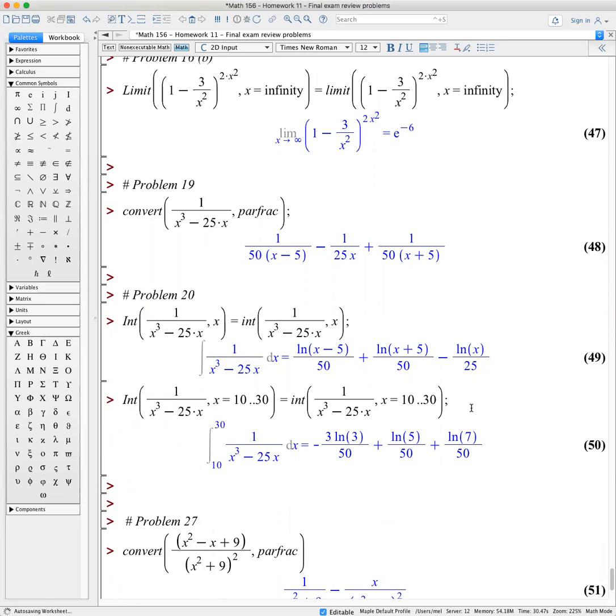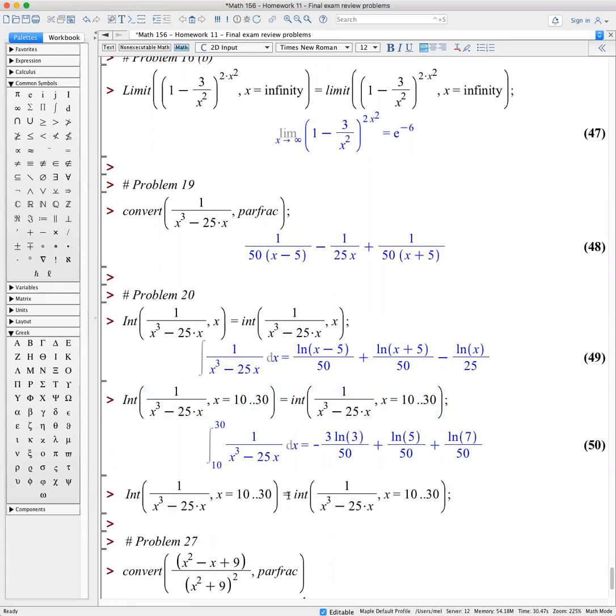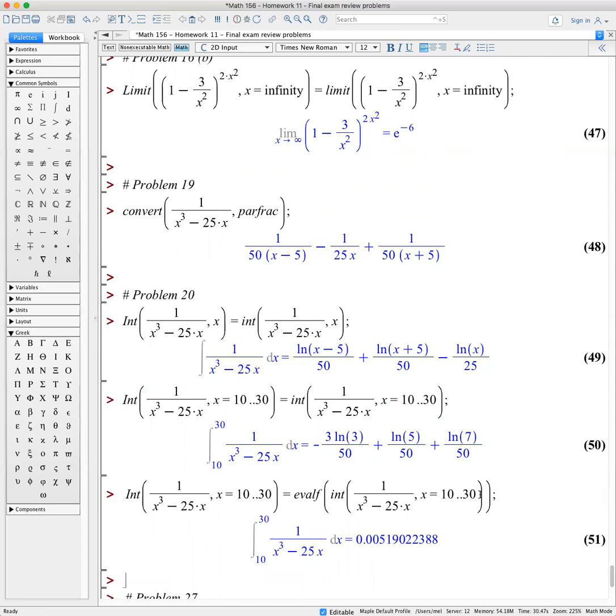This is the answer. And if you wanted it as a decimal, let's see what happens if you try this, put EVALF, put all this in parentheses, 0.005.